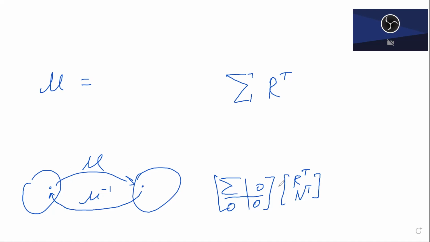But also, notice, the lack of this column implies the lack of this guy. Lack of this row implies lack of this guy. You cannot have a left null space because you don't have this, right? So we just have C here.